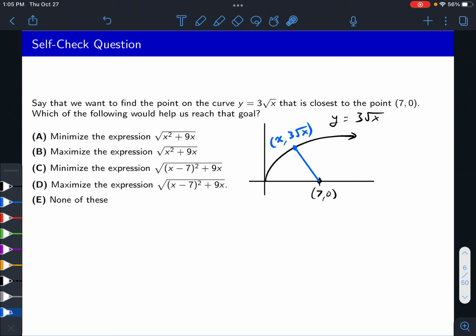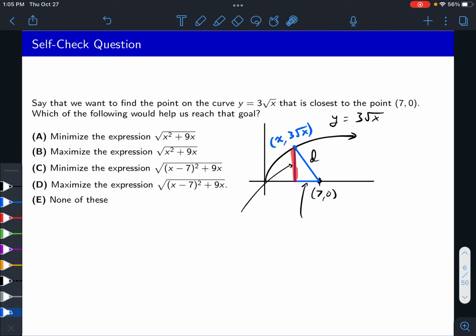Okay, so then if we were to compute this length right here, all we have to do is use the Pythagorean theorem. So we have to compute this length right here, and then we have to compute this length right here, and then we can use those to compute this distance right here, which we'll call d.